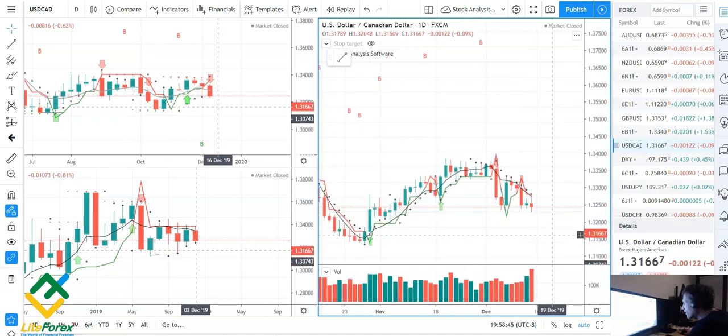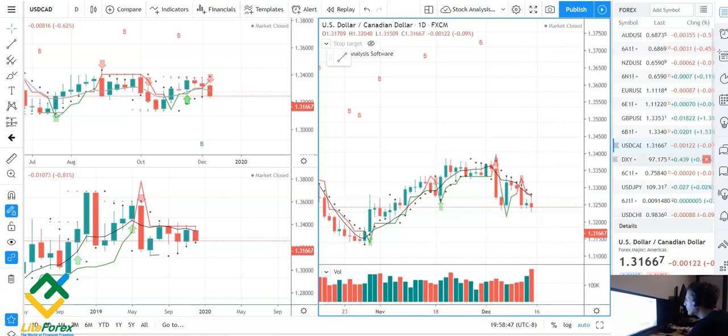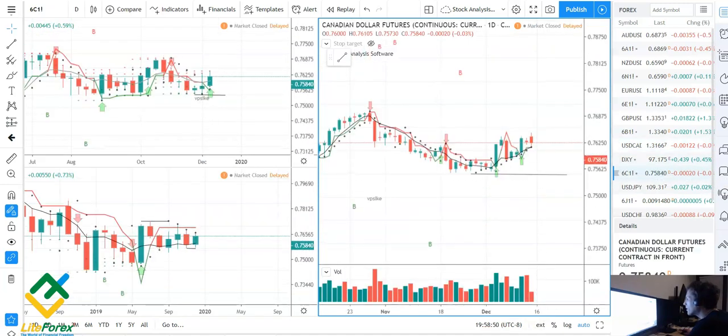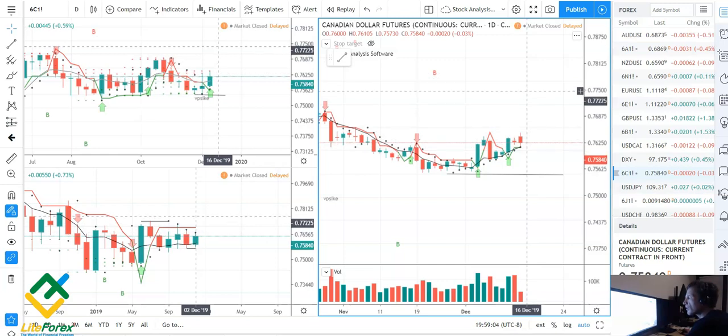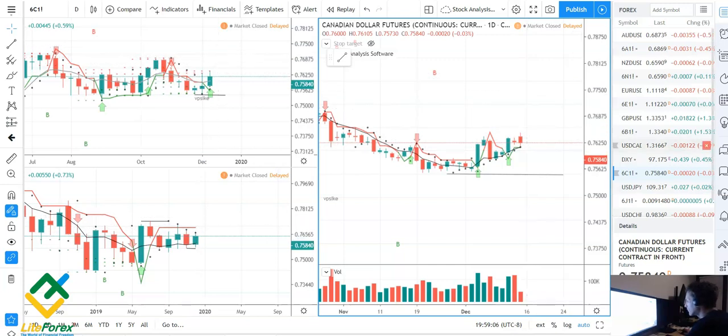But it looks like there's more downside. I'm always going to look at the Canadian dollar. When I look at the USDCAD, I know there's strong support at 75 cents on the Canadian dollar, and so I'm thinking we're going to be more bullish going forward on the Canadian dollar, which would be bearish on the USDCAD.